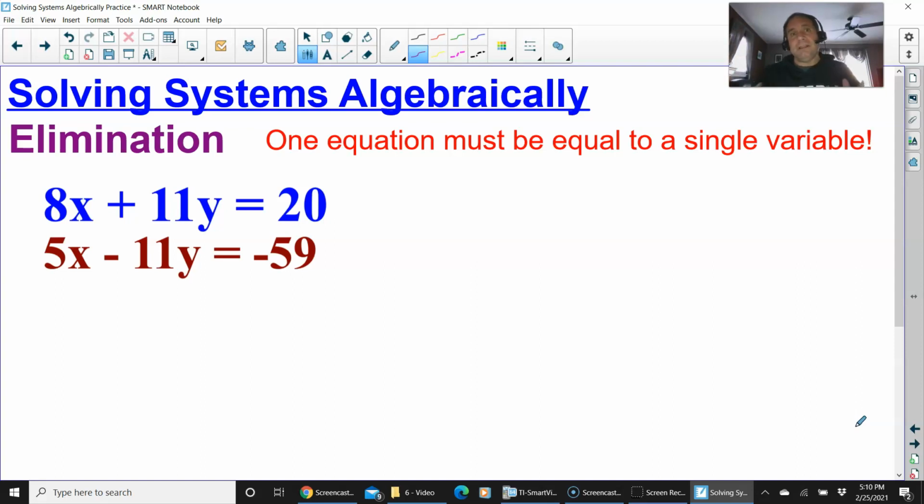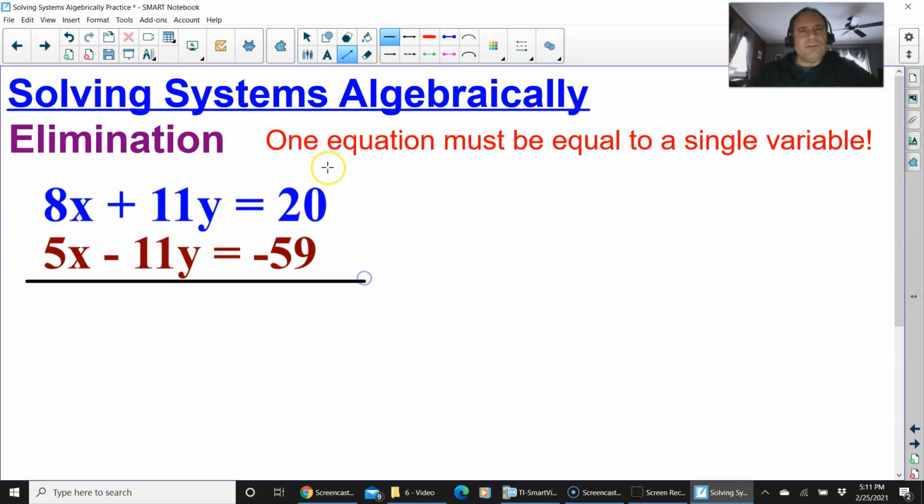So in this case, we have 8x plus 11y equals 20, and then 5x minus 11y equals negative 59. You just take a look. The 8x and the 5x do not cancel, but the positive 11y and the negative 11y, they do cancel. So what you're going to do is it's almost like you're adding all of this, but I don't usually put the plus sign there.